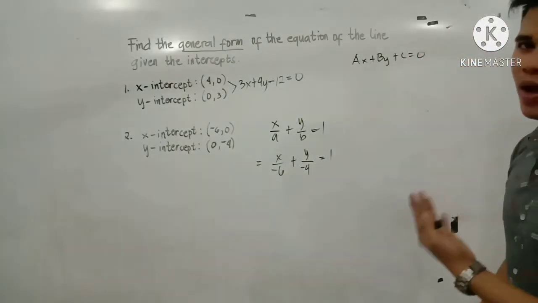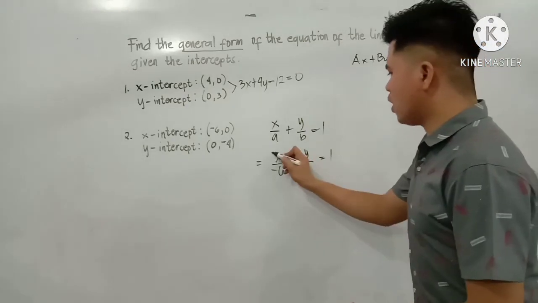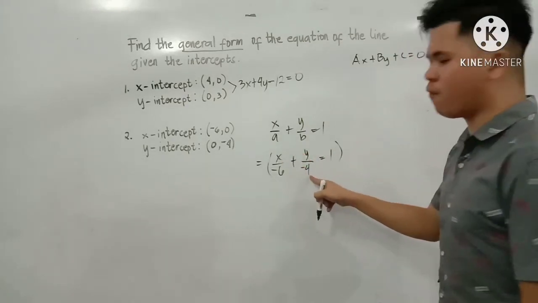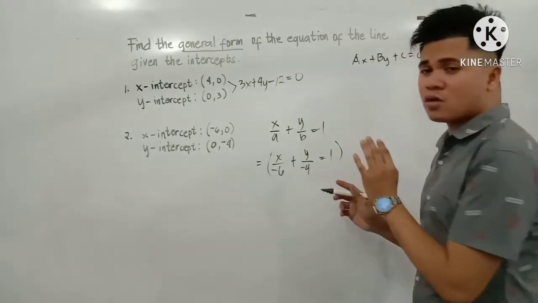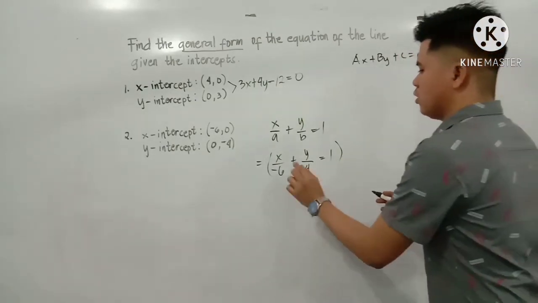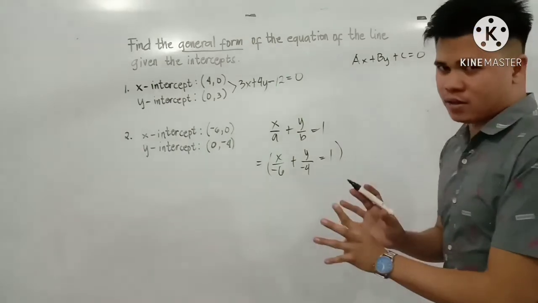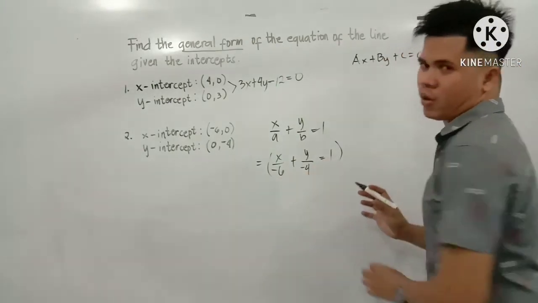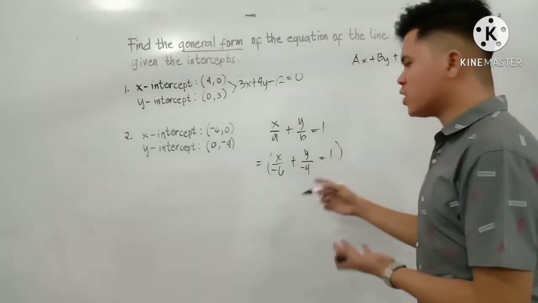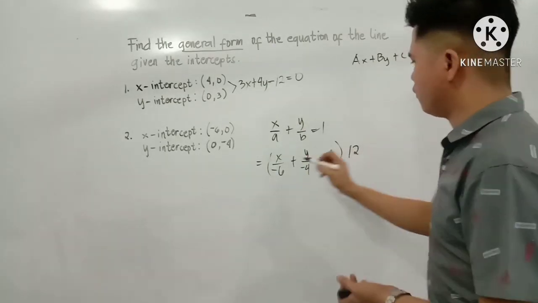Then again, we have to find the LCD, the LCD between 6 and 4. So just exclude the sign. Right? Just focus on the given numbers, 6 and 4. So simply the LCD is 12.